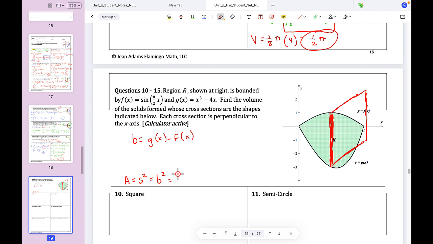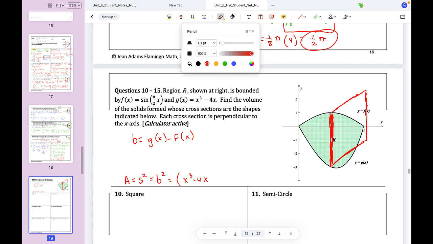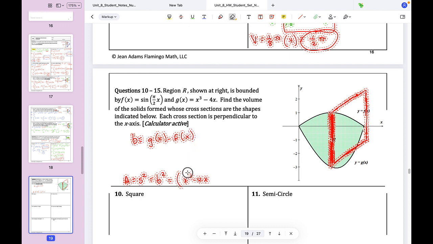Okay, so our base is going to be g of x minus f of x, okay? So this will be g of x, which is x cubed minus 4x. Did I switch them again? I did. I'm sorry, guys. I'm getting my g of x and f of x mixed up.